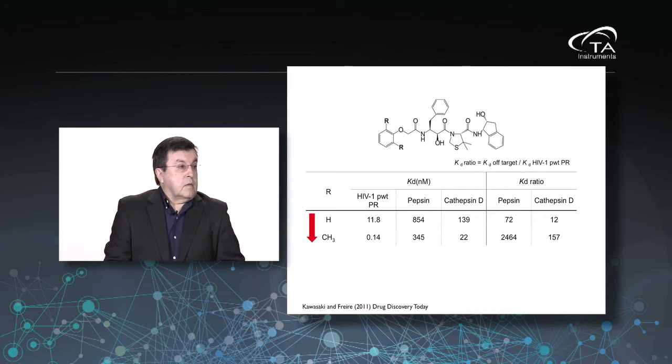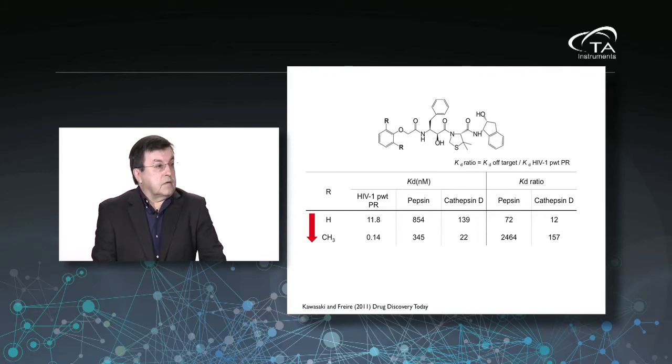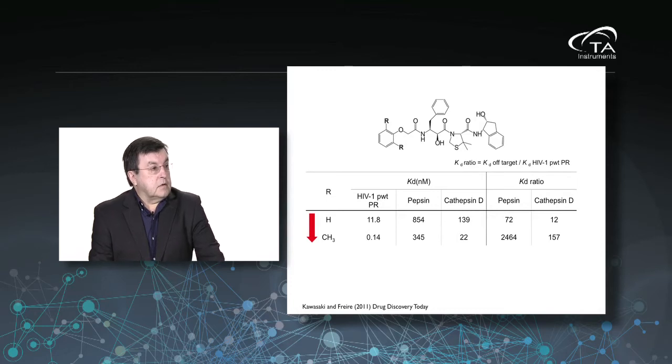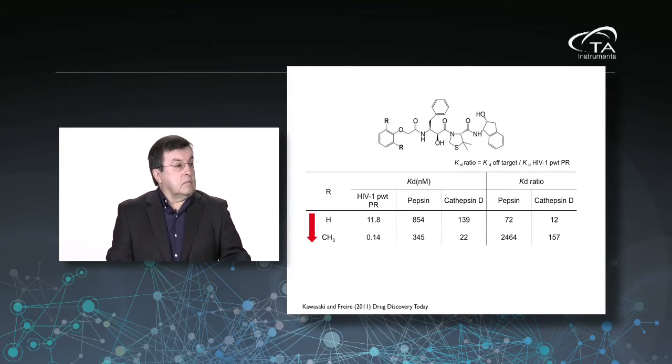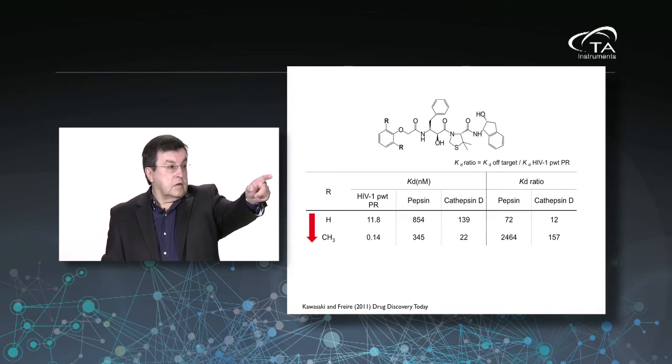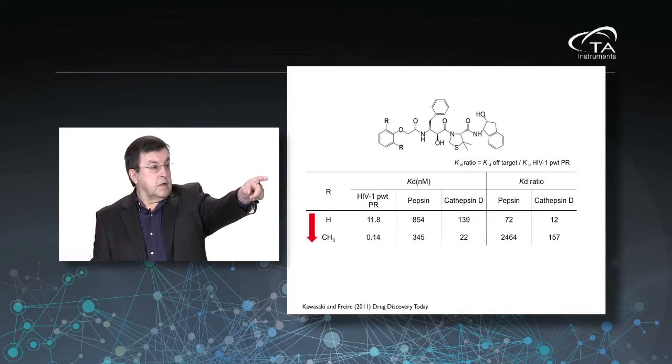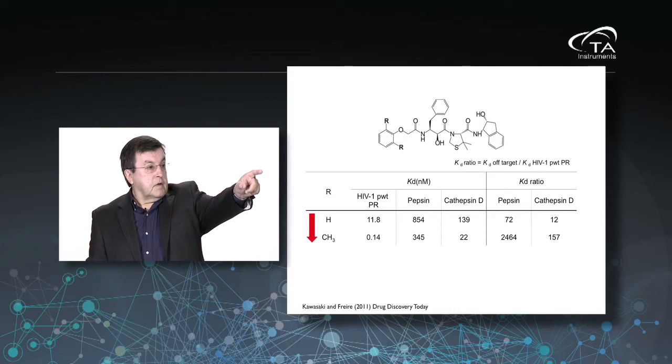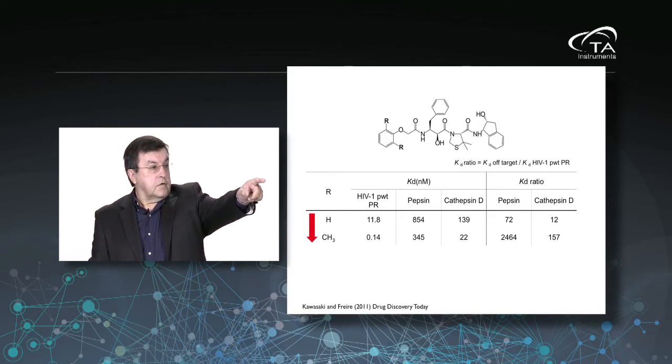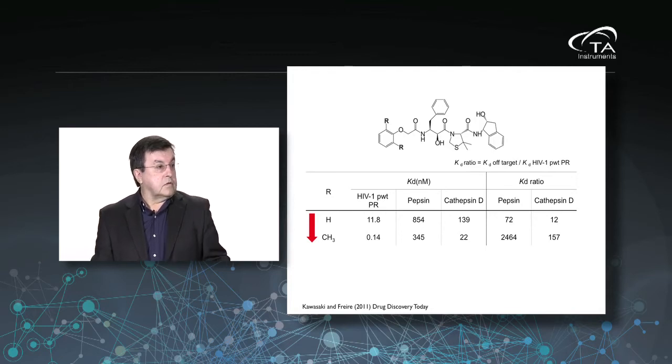Now, if we measure the affinity of those compounds against pepsin and cathepsin D, what we see is that in both cases, in all cases, the affinity increases when we include the methyl groups. For pepsin, from 854 to 345 nanomolar. For cathepsin D, 139 to 22.